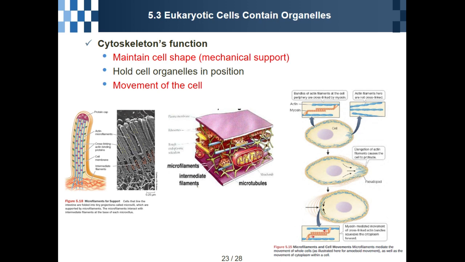Around the mitochondria there is lots of cytoskeleton, they bind to the mitochondria, and they can hold the organelle. And also actin and myosin have a very important role in cell movement. So they have 3 main functions: maintain cell shape, hold cell organelles in position, and enable movement of the cells.